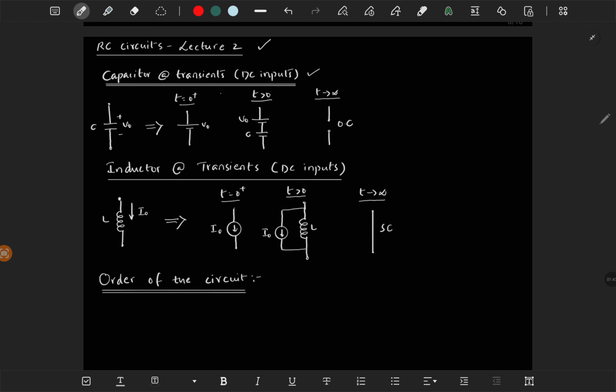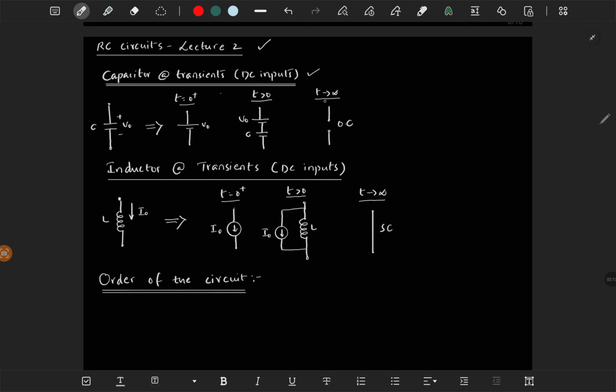Here the initial voltage is V0 and the capacitance is C. At t equals 0 plus, I am assuming there is some transient in the circuit at t equals 0. So at t equals 0 plus, we represent the capacitor with its initial voltage V0, and for t greater than 0, we represent the capacitor with the initial voltage V0 and then the capacitance.